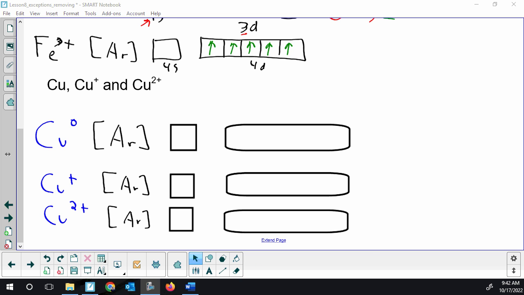Okay. So the orbital diagram for elemental copper, I'm just going to fill in from the last slide. It's one of our exceptions. So we only have 1 electron in 4s, and then the 3d's are filled.